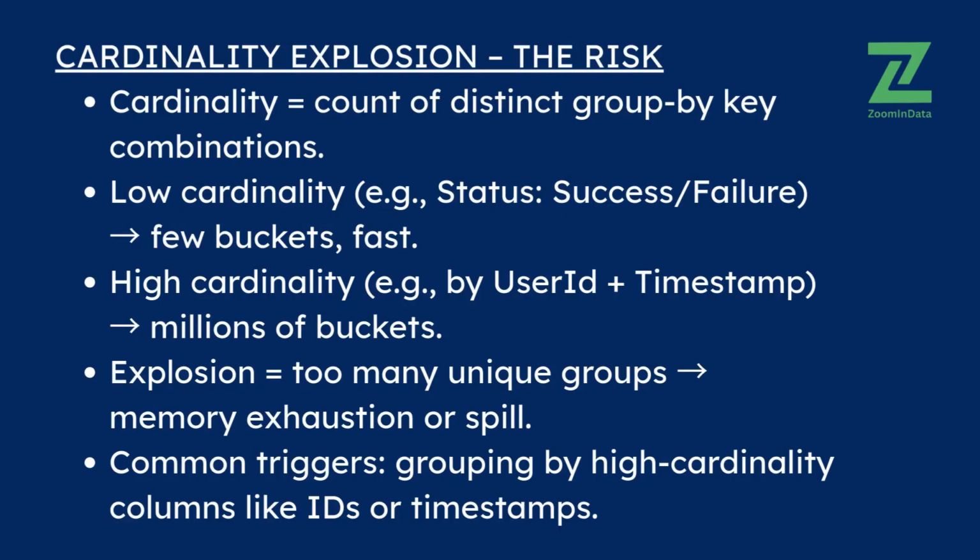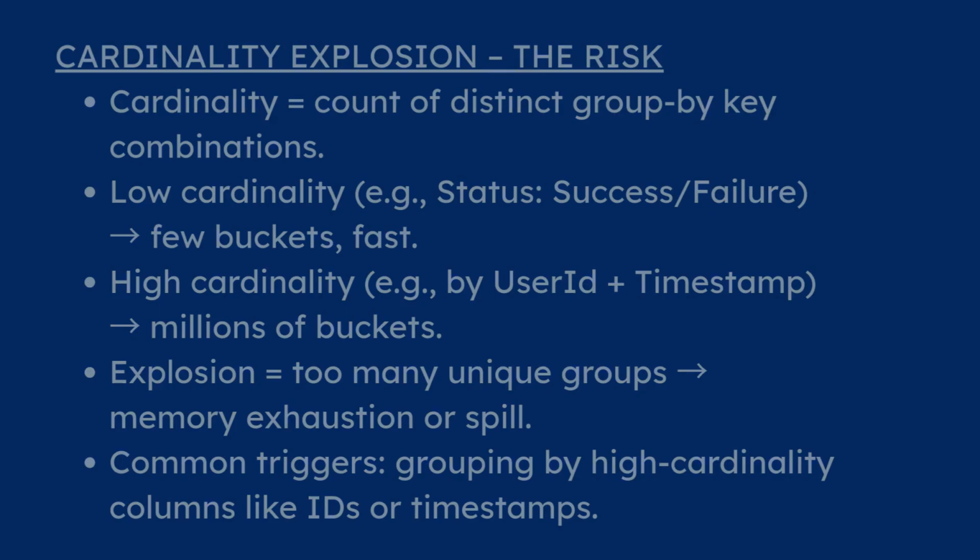That's explosion. Too many buckets lead to memory exhaustion or heavy disk spill. Common triggers are grouping by high cardinality columns like IDs, timestamps, or raw strings. This is one of the top causes of query failures in production.